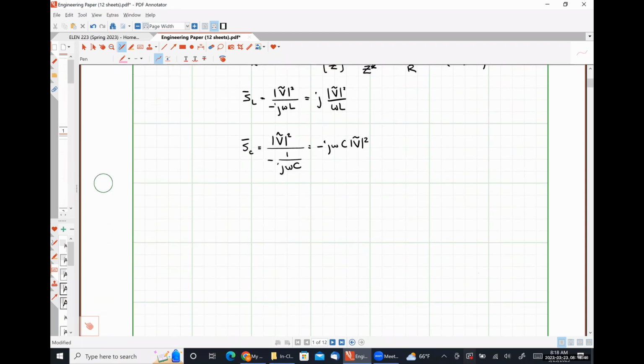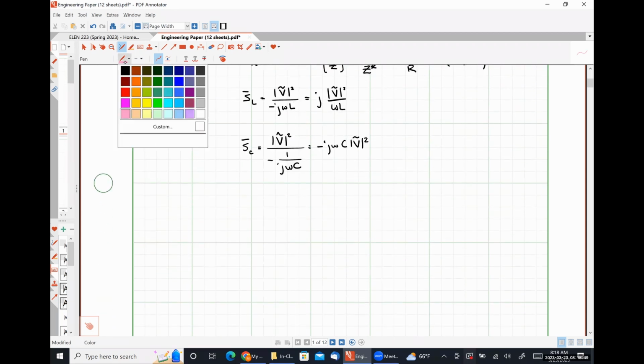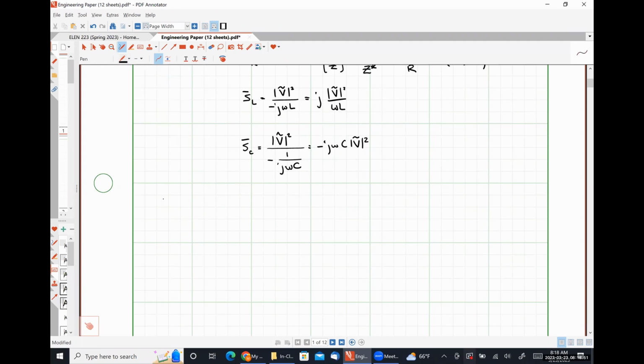So mathematically, we can describe this as follows. So we know that S old is equal to P old plus JQ old in rectangular format, or the magnitude of S old with an angle of theta old in polar format.